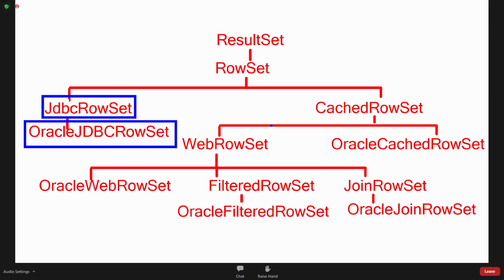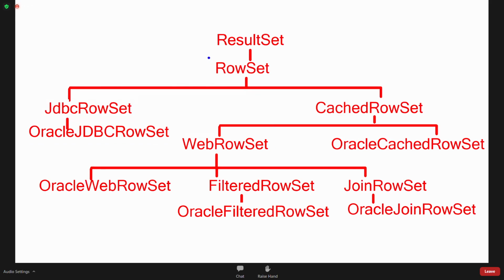The methods given here are common to all row sets, and you can use those methods for all row sets. Even methods common to ResultSet and RowSet are given here, and you can use them for ResultSet as well as row sets. That is how to write the program.